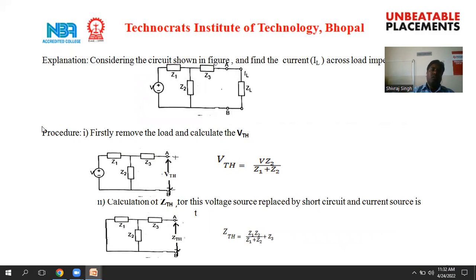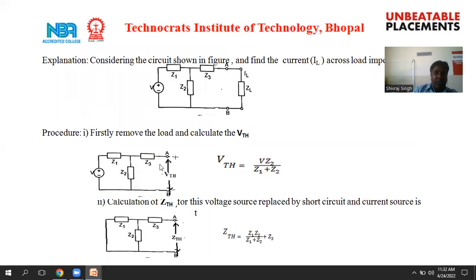Suppose that here we consider a complicated circuit with source voltage, Z1, Z2, Z3, and this one is the load impedance. Across this load impedance, we can find out the response like IL, VL, or load voltage or power. So firstly, we remove the load terminal and then calculate the VTH. VTH is measured in the open circuit.